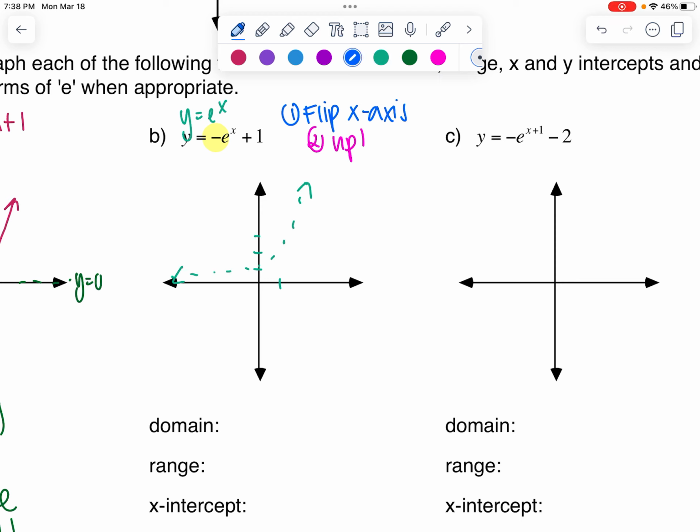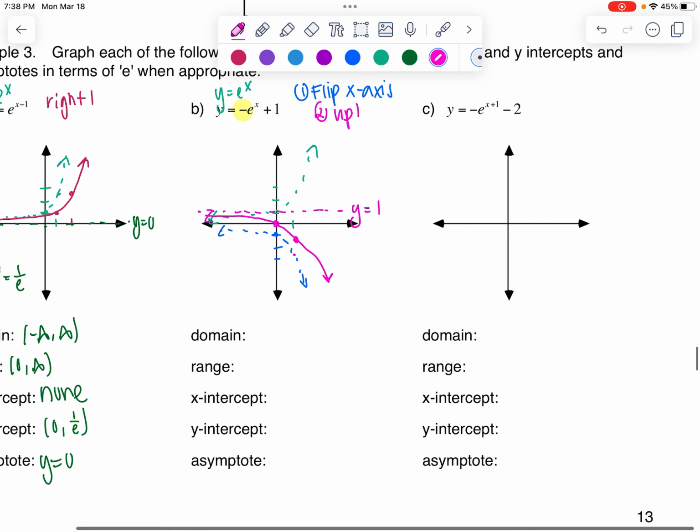I'm going to flip over the x-axis first. So that is like this guy. And then I'm going to take everything up 1. And your new horizontal asymptote is at y equals 1. And this is your new function.